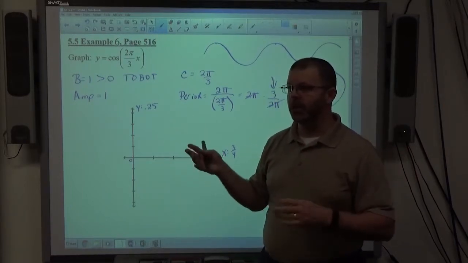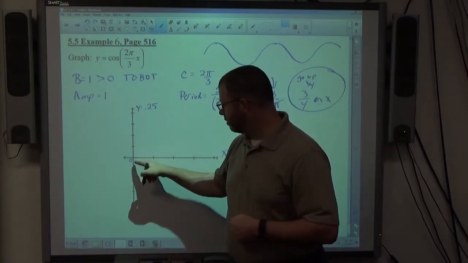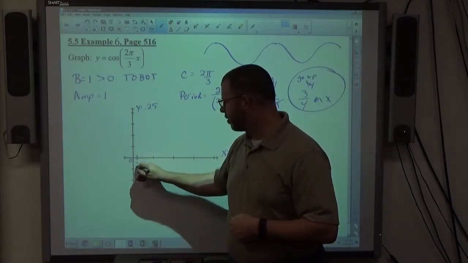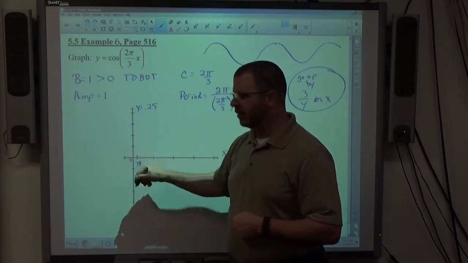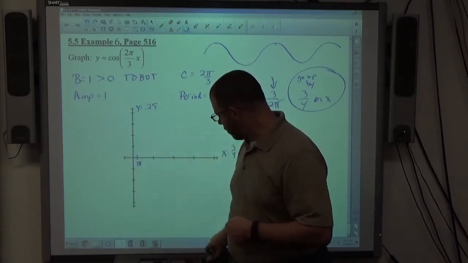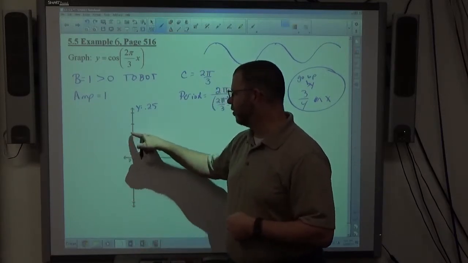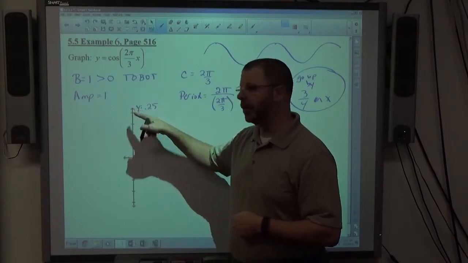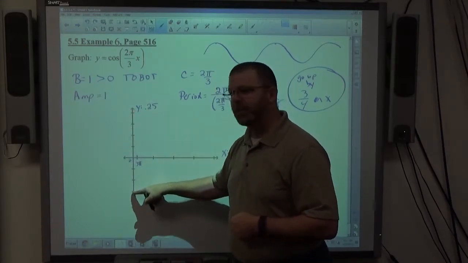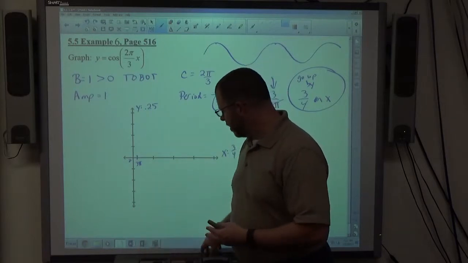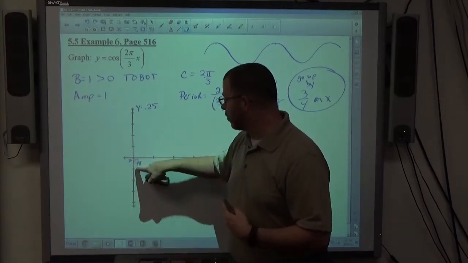I don't know. So you might put a starting point of x, 3 pi, and then let's say this is y equals 2. Now that's 2.25, 2.5, 2.75, 3, 1.75, 1.5, 1.25, 1. So again, just give me enough information so I know what things represent.